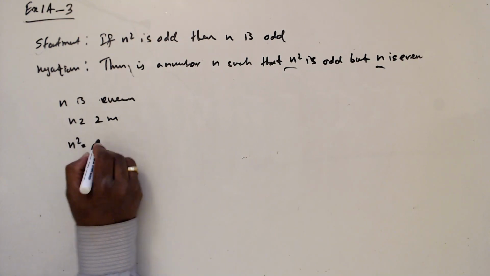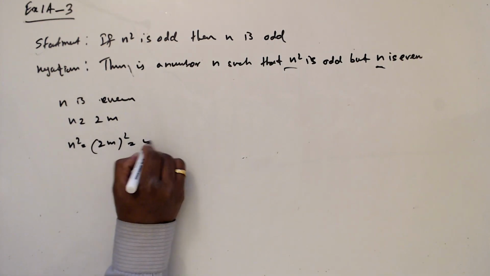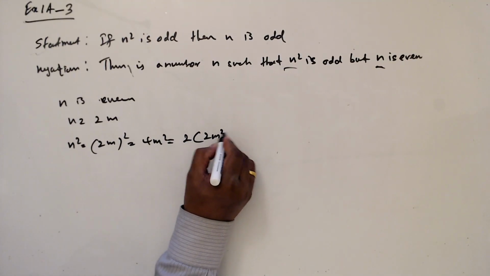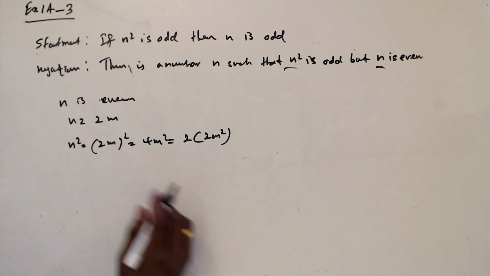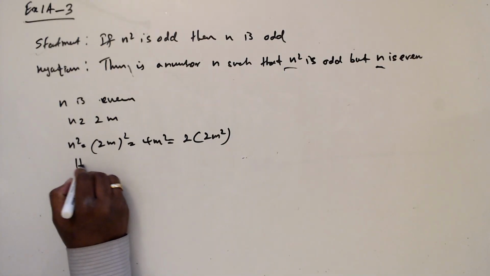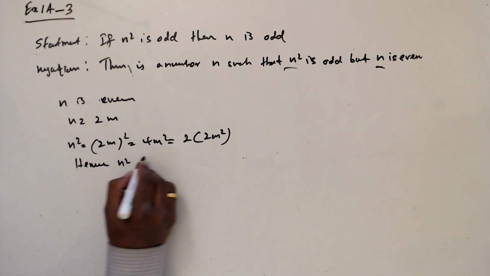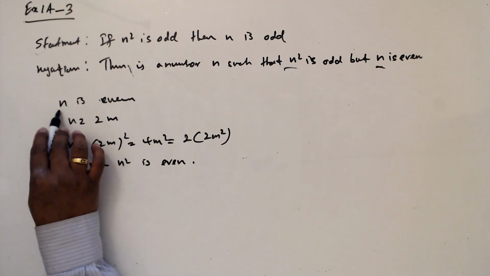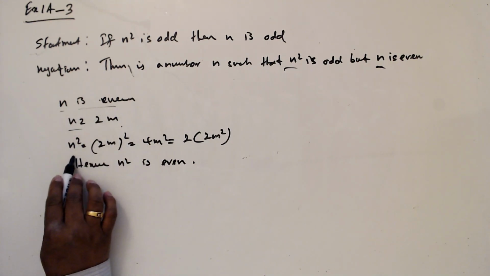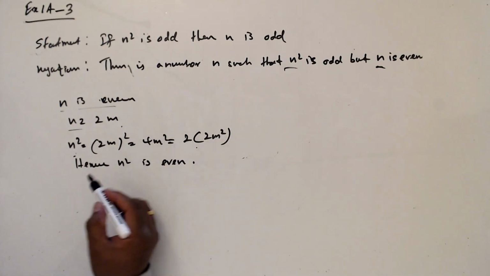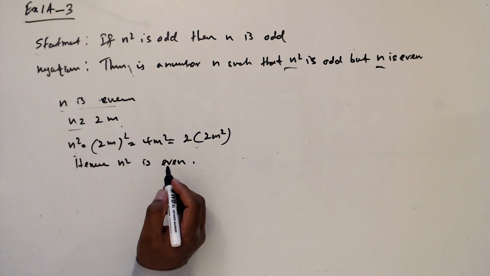So n square is 2m square, which is 4m square, which is 2 times 2m square. Hence n square is even.